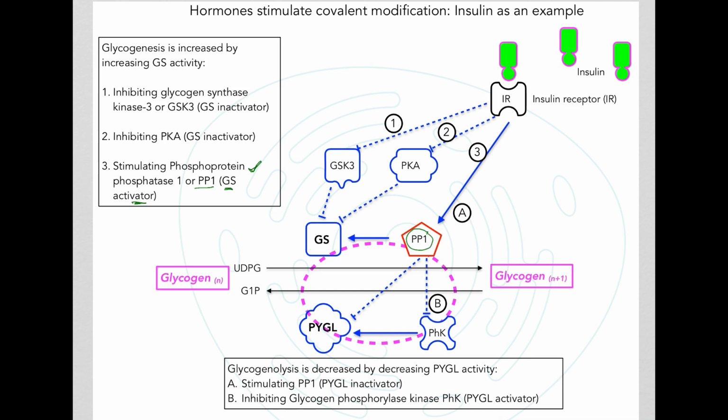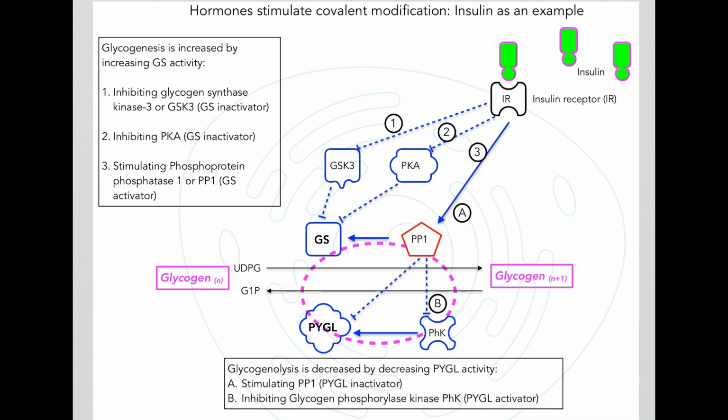Now, PP1 is an activator of glycogen synthase. So if we could activate PP1, and that's what happens when insulin binds, it activates PP1, and PP1 will activate glycogen synthase, and glycogen synthase activity will now increase. So through these effects, the binding of insulin to the receptor is going to lead to increased glycogen synthesis.